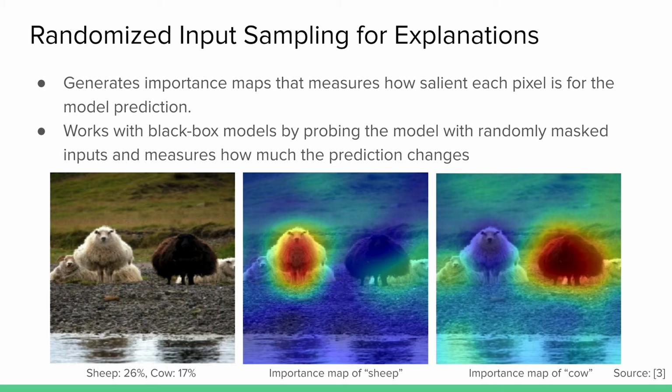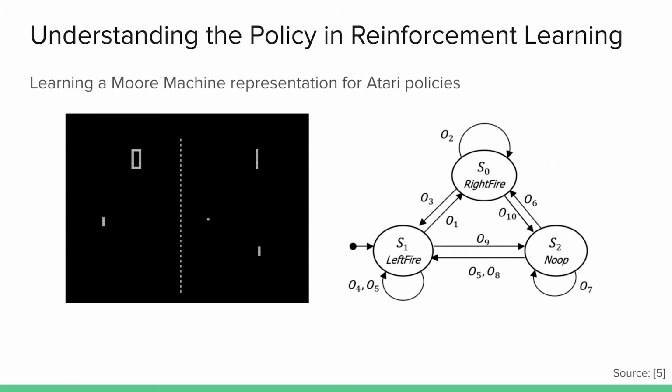RISE. When we leave our domain of visual computing now, we can also take a look at reinforcement learning and how we can learn finite state representations for recurrent neural networks in those reinforcement learning situations. The problem that we most of the time have is that we can learn a policy, but the policy that we use in our reinforcement learning problem is very complex to understand.